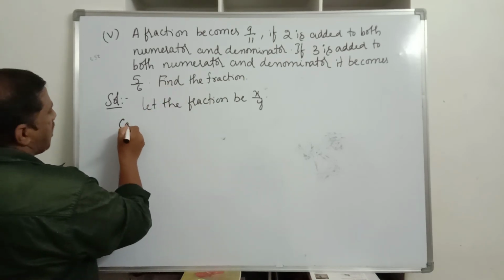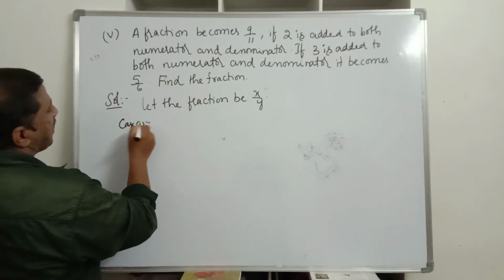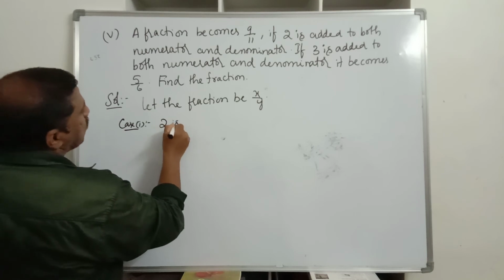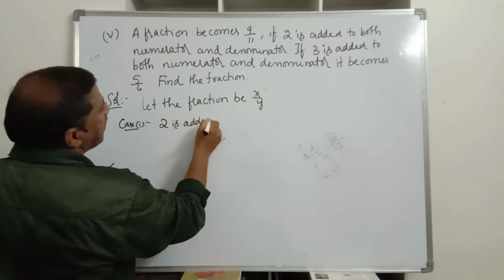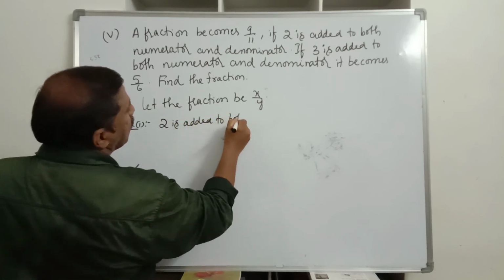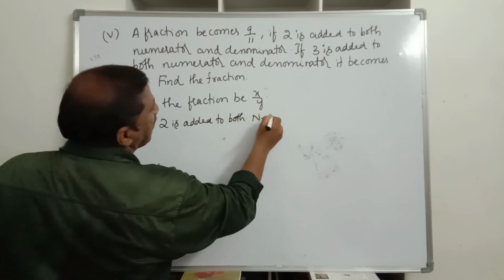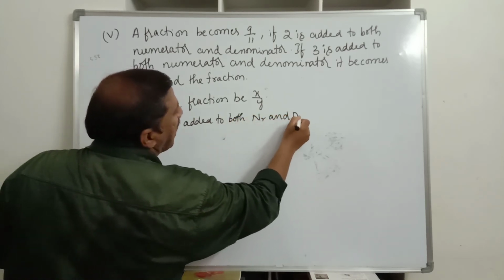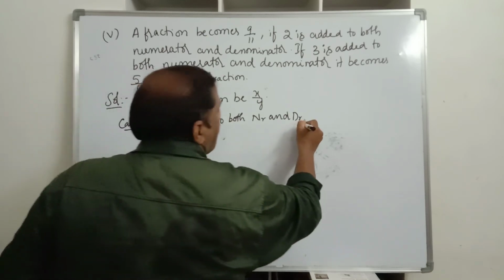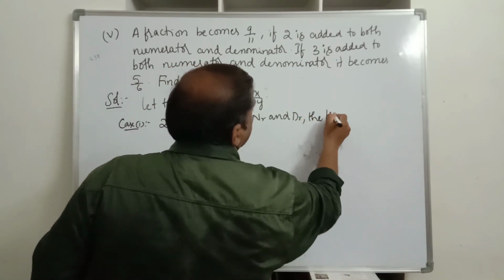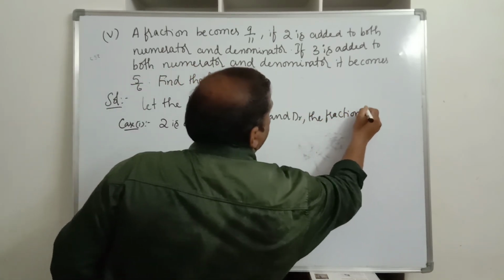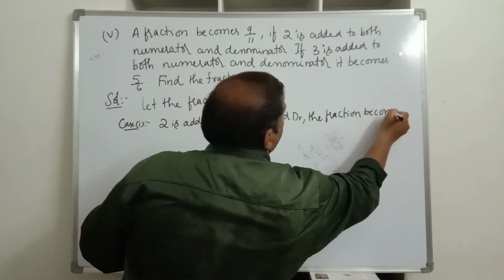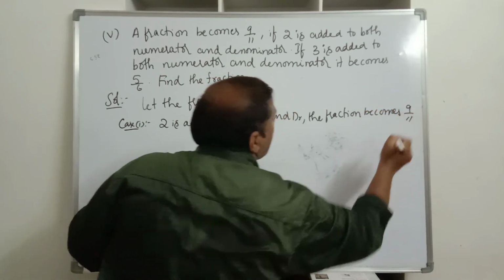It is that 2 is added to both numerator and denominator, then the fraction becomes 9 by 11.